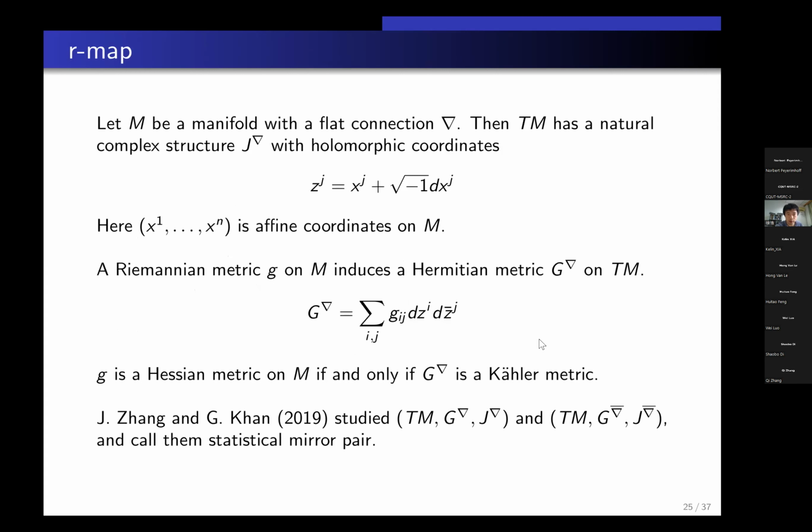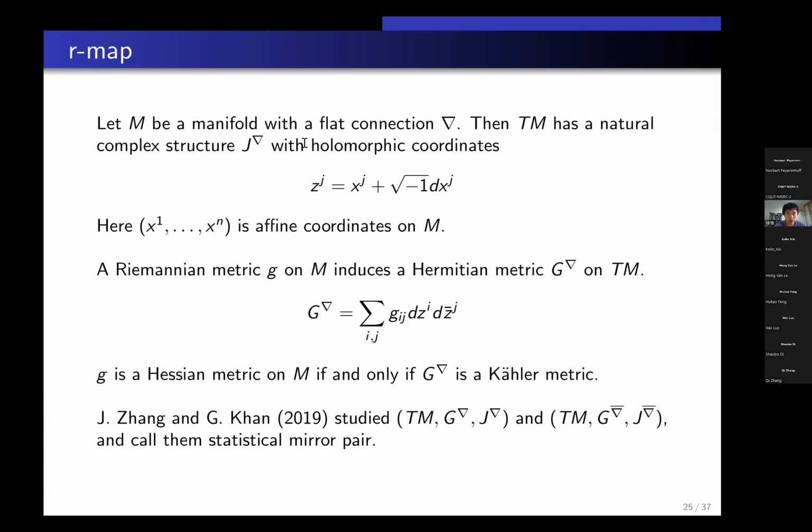And this is the so-called R-map, and I think this construction also comes from physical considerations. So we have a manifold and a flat connection, and then we have a natural complex manifold. Right?